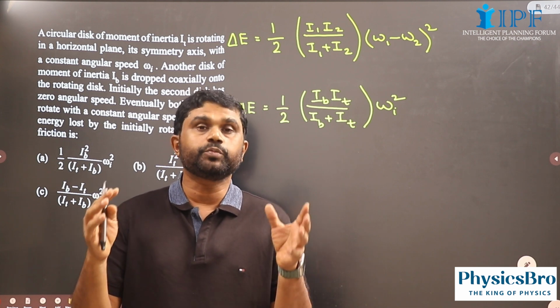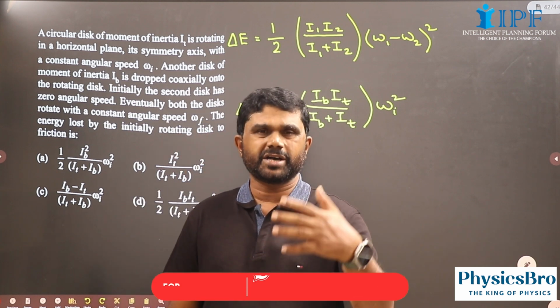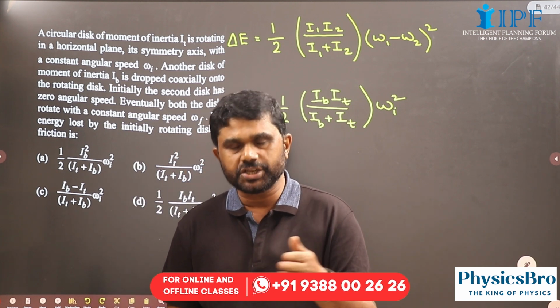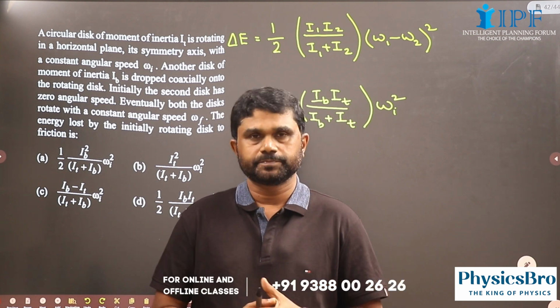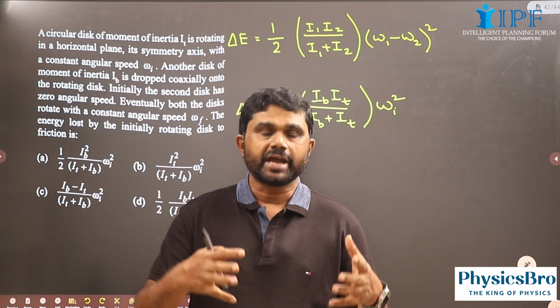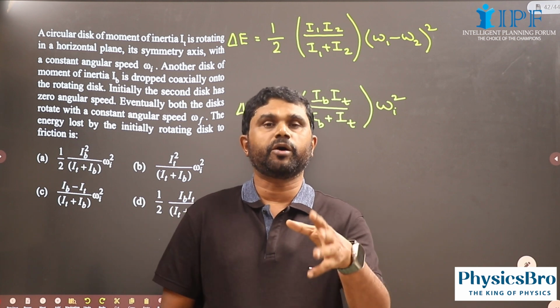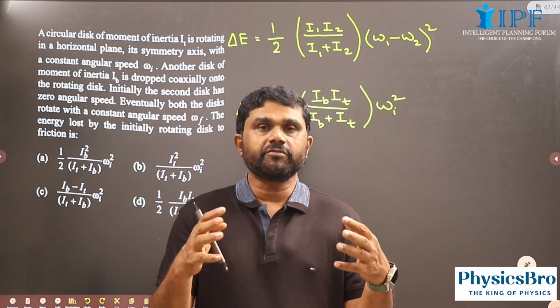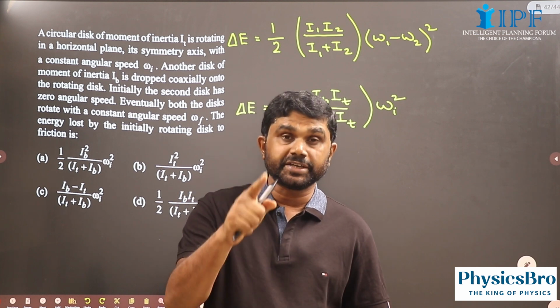Suppose two bodies are moving, with masses m1 moving with velocity u1, and m2 moving with velocity u2. They collide, and after collision they stick together and move with a common velocity, say v. Then there will be some loss of kinetic energy.